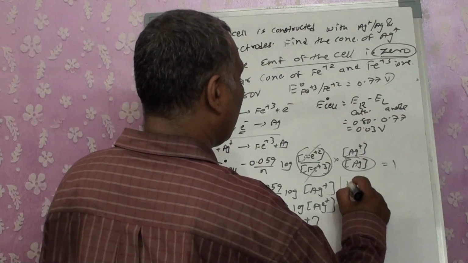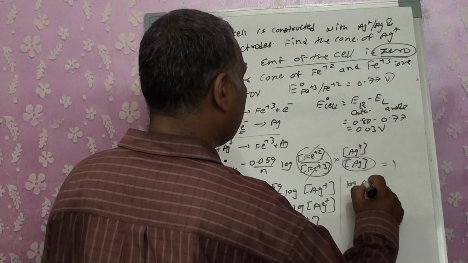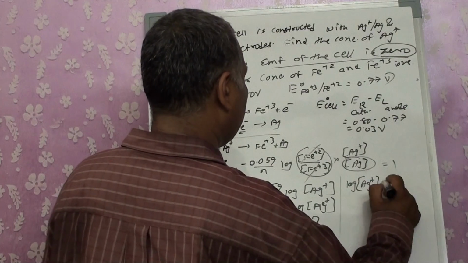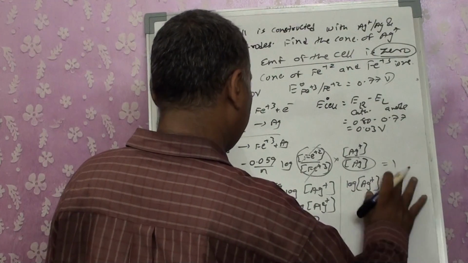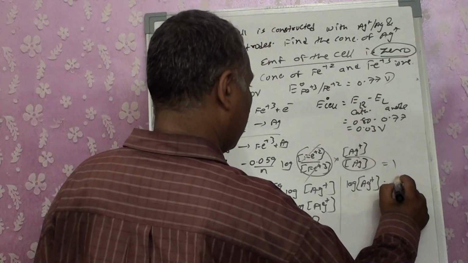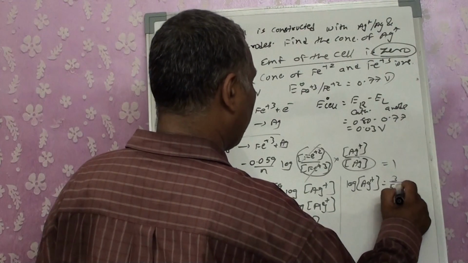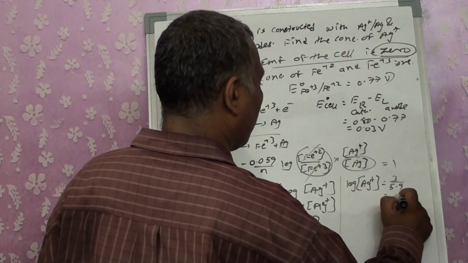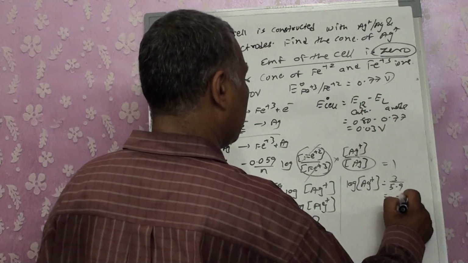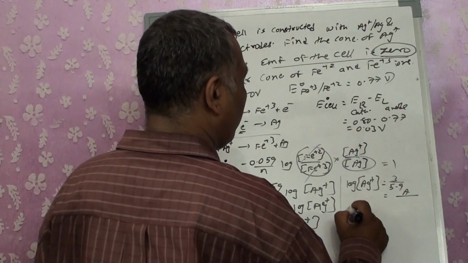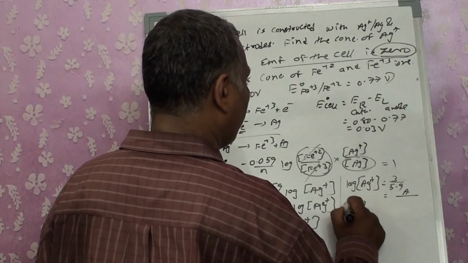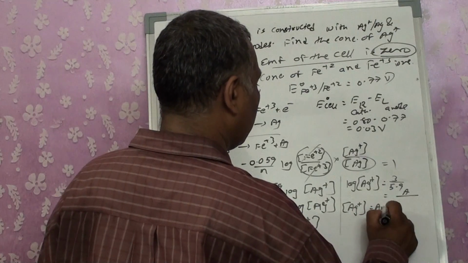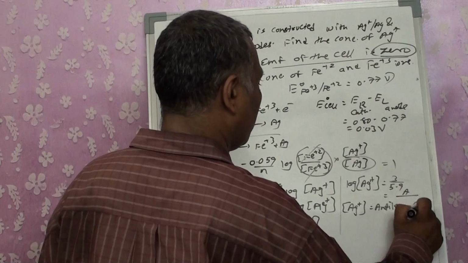So log of Ag plus we will get as 3 by 5.9, whatever the answer we get. Call it A. Then we will get the concentration of Ag plus as anti-log of A.